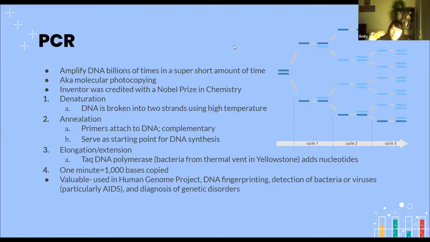PCR is the biggest biotechnology technique besides CRISPR-Cas9. PCR, also known as polymerase chain reaction, is amplifying DNA, making billions of copies in a very short amount of time. For that reason, its nickname is molecular photocopying.